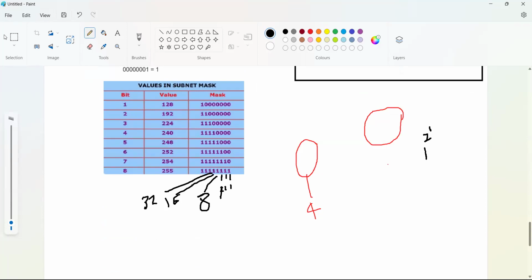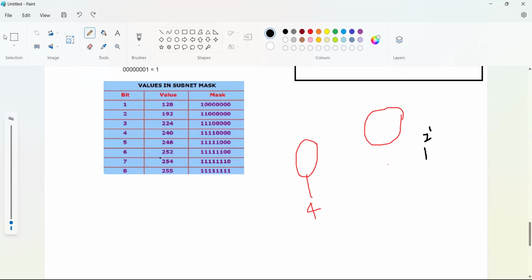Are you following? We use 2 bits, like 2 power 0 is 1 and 2 power 1 is 2. Total 3 bits, 255 minus 3, 252 subnet mask.